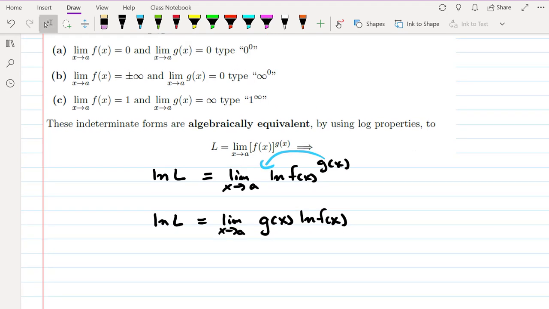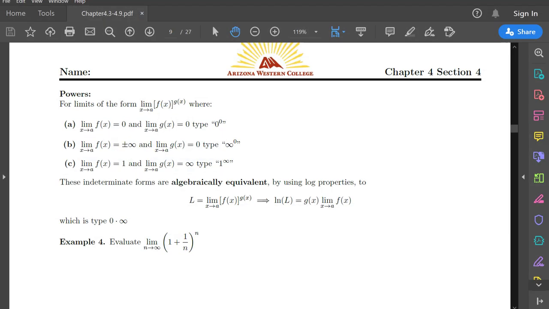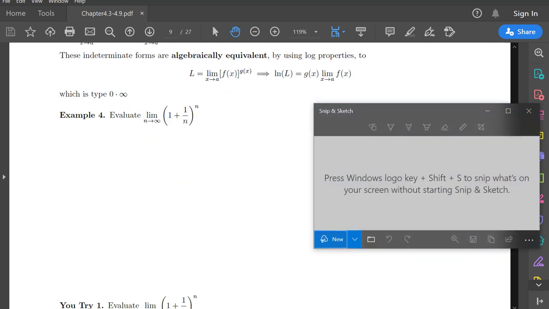So in each of these cases, if we check now, we're going to get a type of 0 times infinity. So let's just verify. The natural logarithm of 0 is infinity, and if the limit of f of x equals 0 as x goes to a, and g of x is 0, we're going to have type 0 times infinity. And if you verify the other ones, you'll see that all of them reduce to the type of 0 times infinity. So let's go ahead and take a look at our next example.